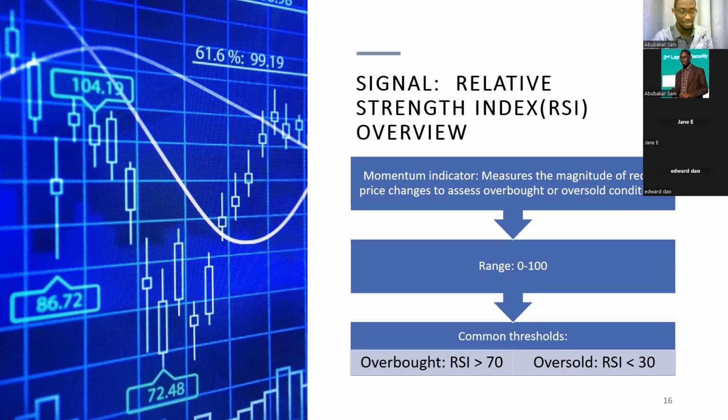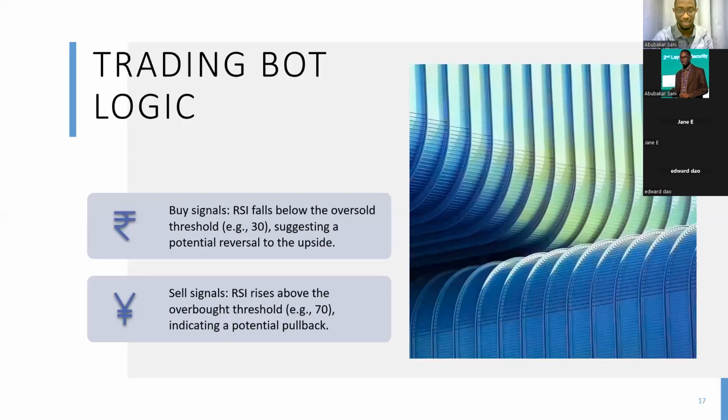So this is our signal. This is how we spot a trading opportunity. And we will explain this to Google Bard, and it will generate the code for us. This is the logic which we will tell the robot. In our scheme, if the RSI falls below the oversold threshold, that is 30%, this suggests a potential reversal to the upside.